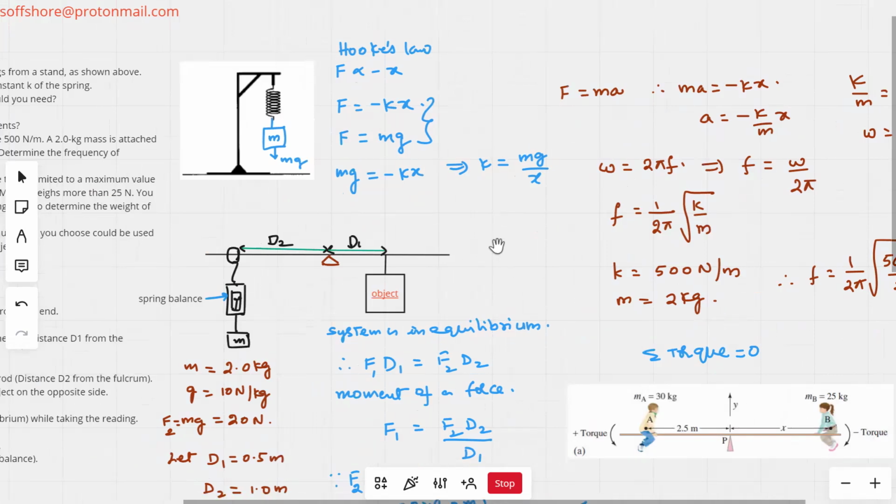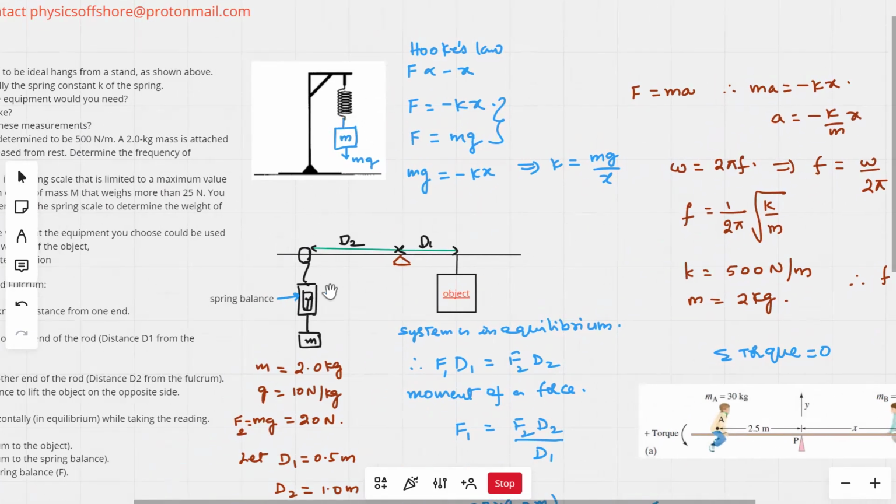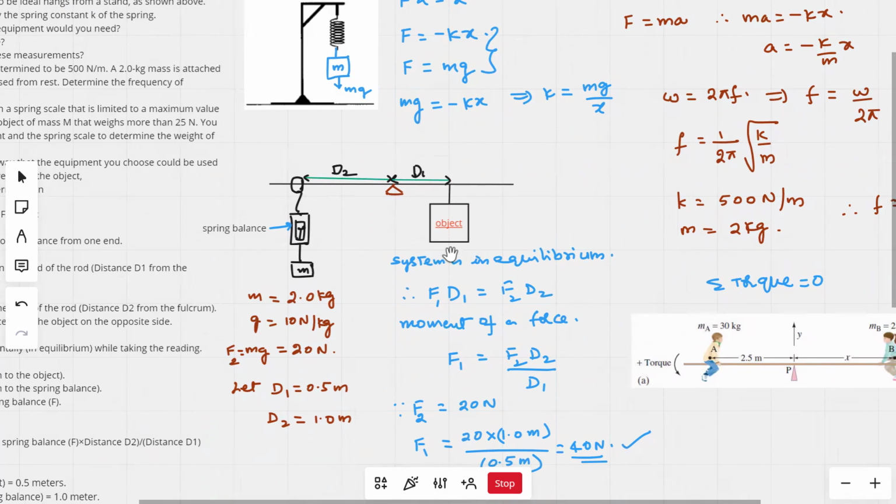Now, the second bit. In the second bit, what he is saying is the same spring is used in a spring balance with a limitation. That means the spring scale can measure up to 25 newtons only, not more than that. But you are given an object whose weight is not known to you, but which is more than 25 newtons, and you have to measure the weight of the object with the same spring scale.